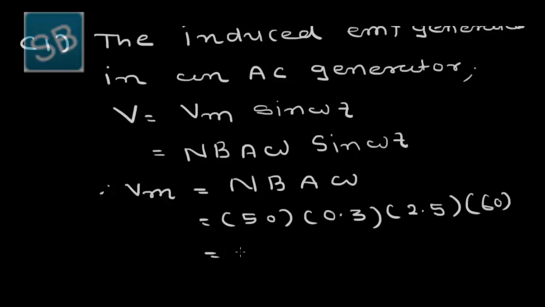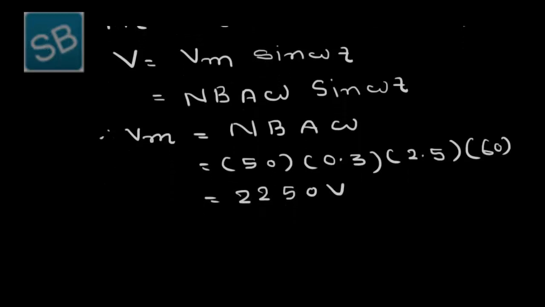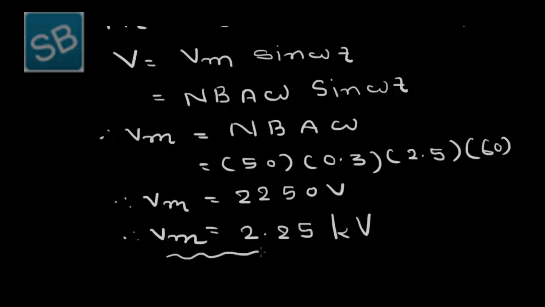So the final answer will be 2250 volt, and if you write it in a more simplified way, then you can also write this as 2.25 kilovolt. So this is the maximum induced EMF generated in the AC generator.